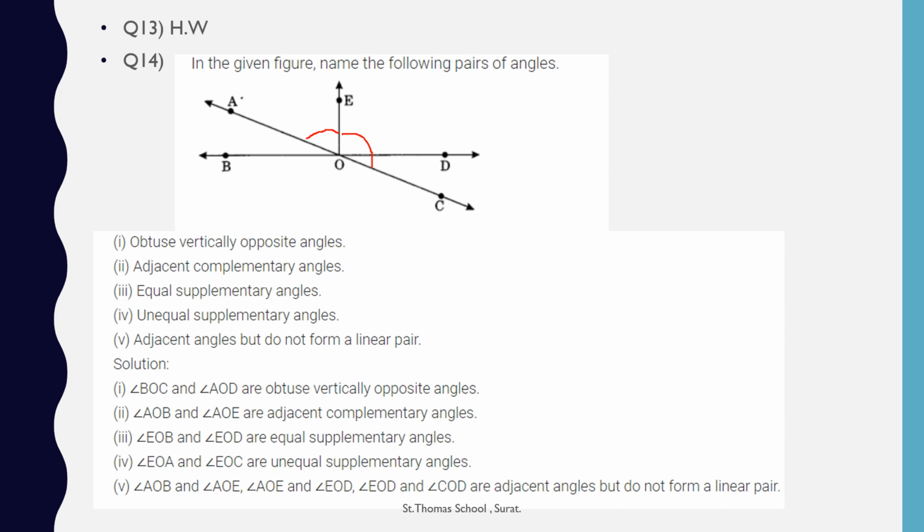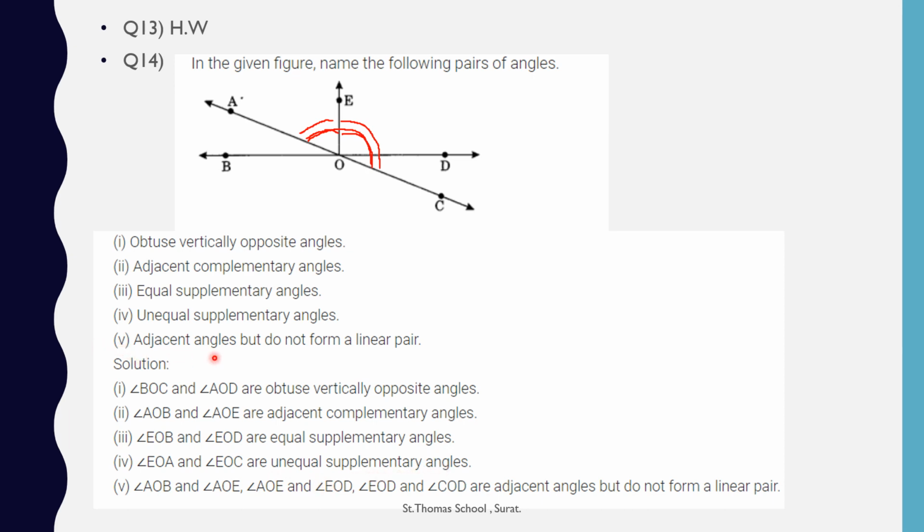Okay. You can see that angle AOC is a straight line. So this sum should be 180 degrees. You can see that this is a small angle and this is a big angle. Both are not equal. The angle EOA and angle EOC are unequal supplementary angles.